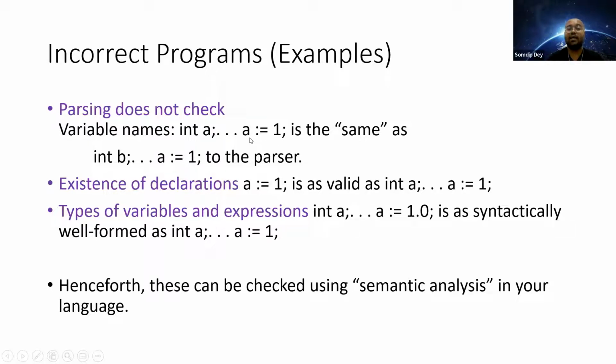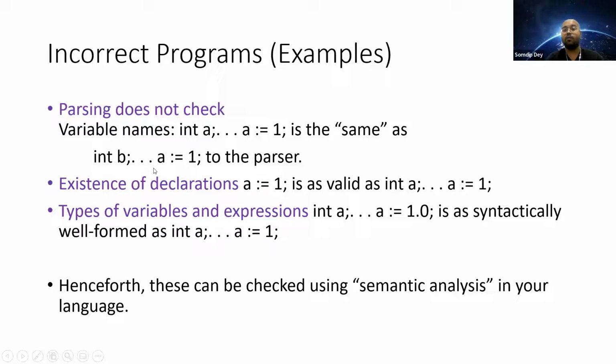To a parser or parsing phase, this is exactly the same as if you had given it int b and a equals 1. So you are instead saying that you have an integer variable b, and assigning 1 to a. But you can see that we actually haven't initialized a yet.